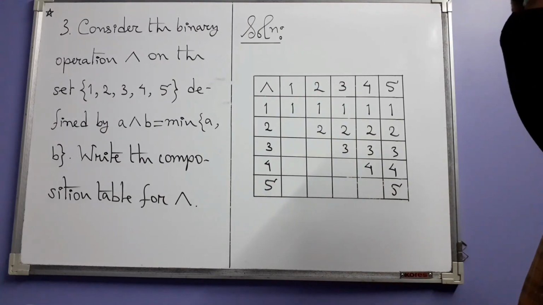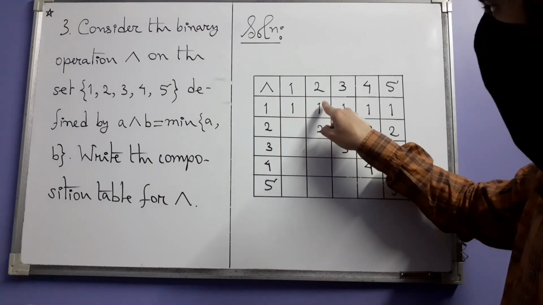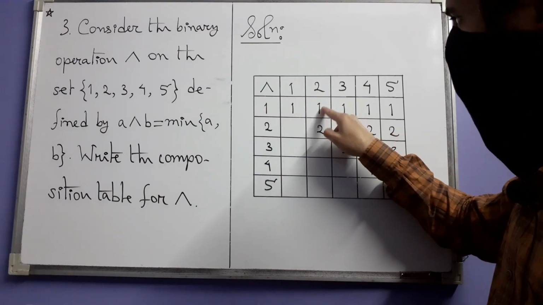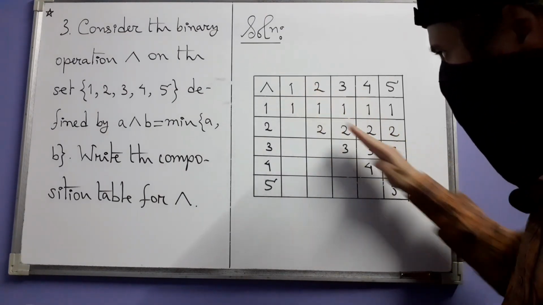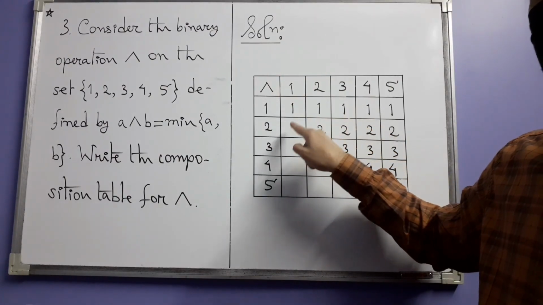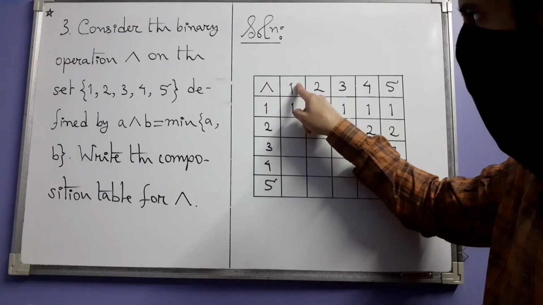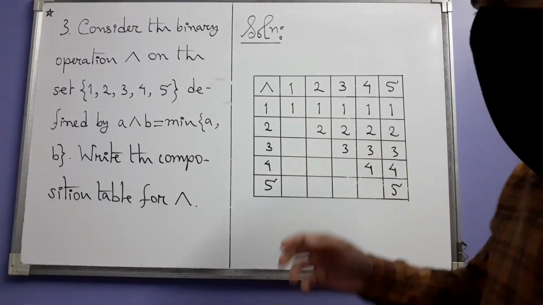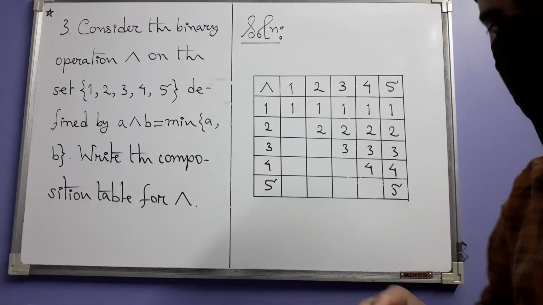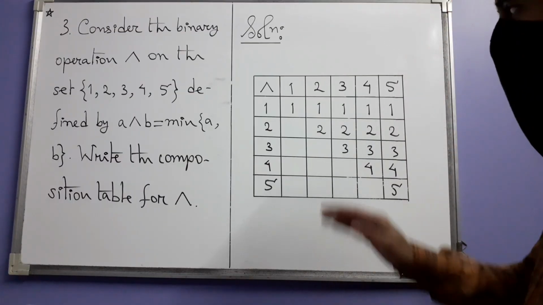Just try to think of it. This is the minimum of 1 and 2. You reflect this element about this diagonal that comes here. That is actually the minimum of 2 and 1, but that's the same. So that is why once you calculate the upper triangular, you do understand why I am calling it upper triangular.